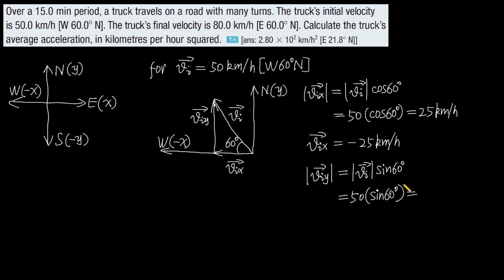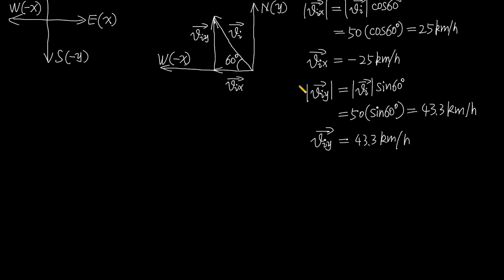And this equals 43.3 kilometers per hour. Now the initial velocity y just equals 43.3 kilometers per hour. So this is for the initial velocity.